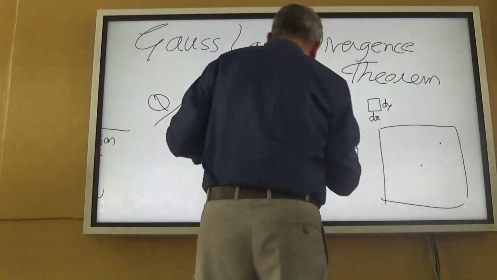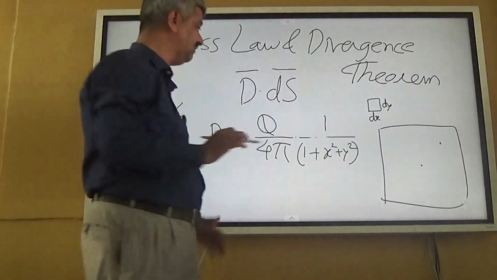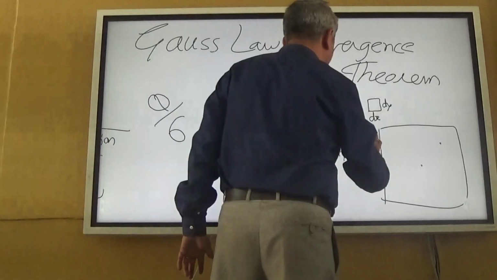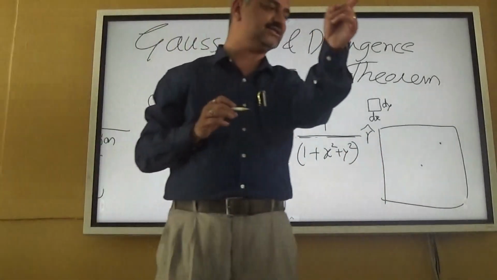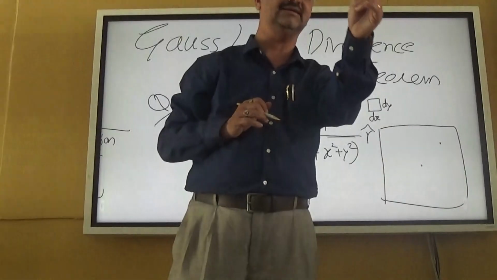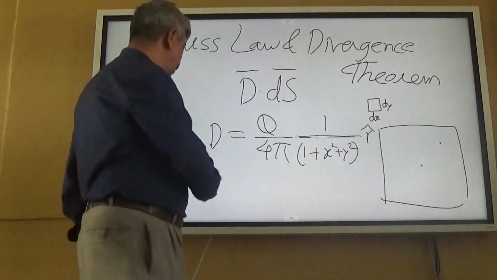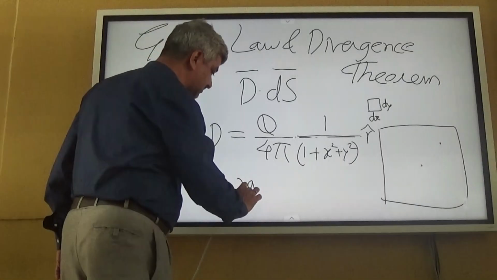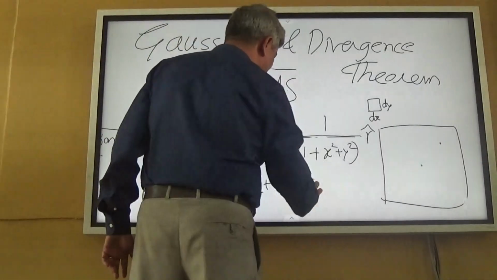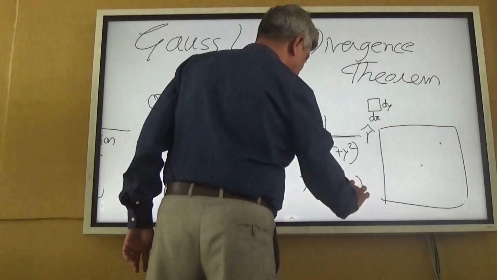This is magnitude, and direction will be by a vector r cap. r cap is unit vector in that direction. So what would be r cap? r cap will be something into ax plus something into ay plus something into az.